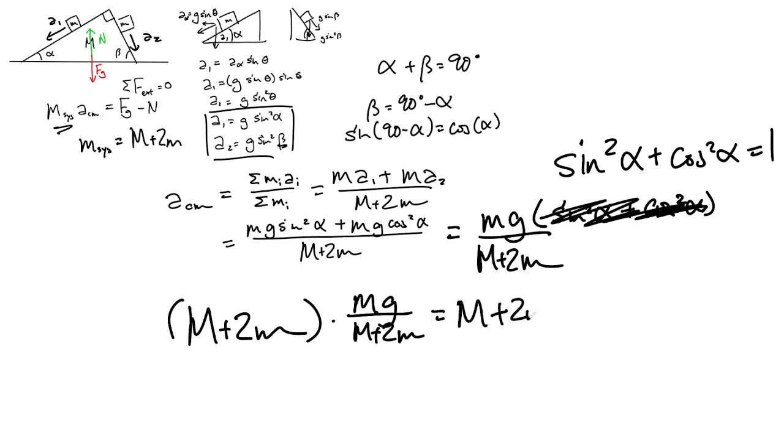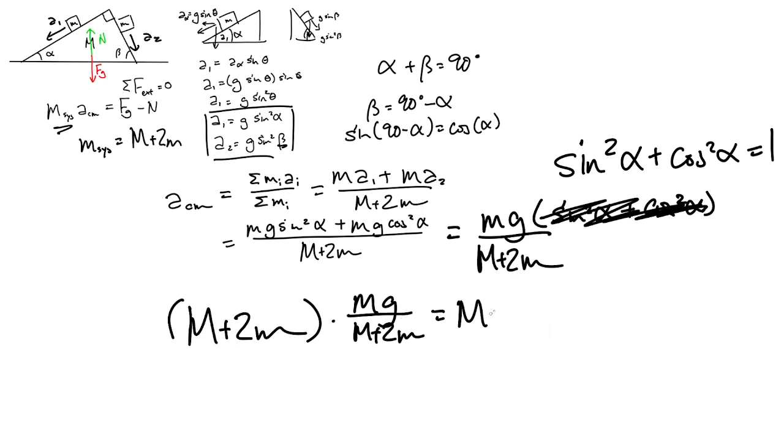M plus 2m g minus n. So what we can do here is, let me see if I'm actually doing this right. We can cross this out. So mg equals... oh, sorry.